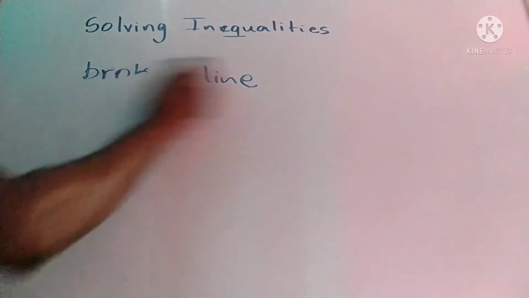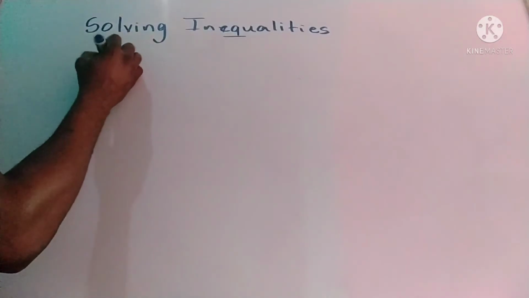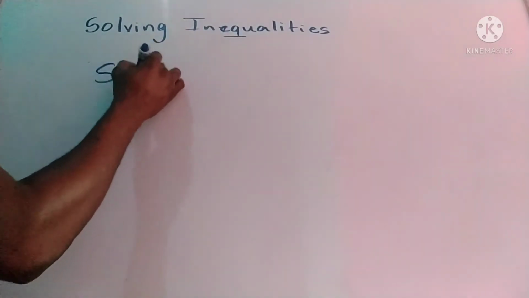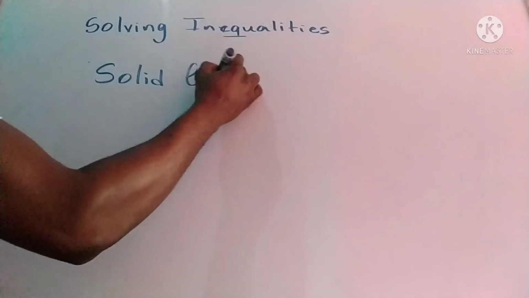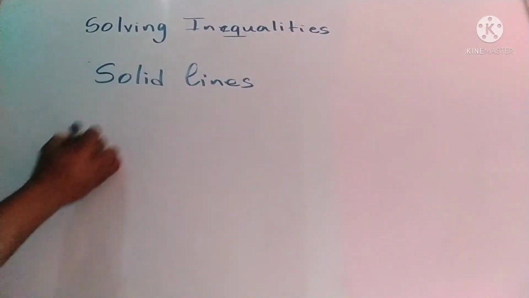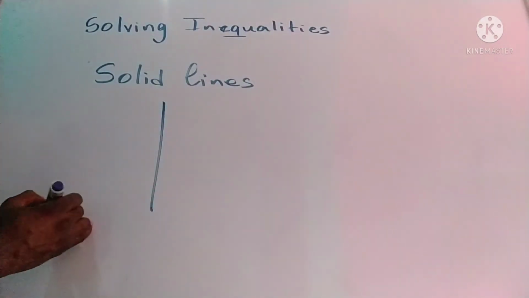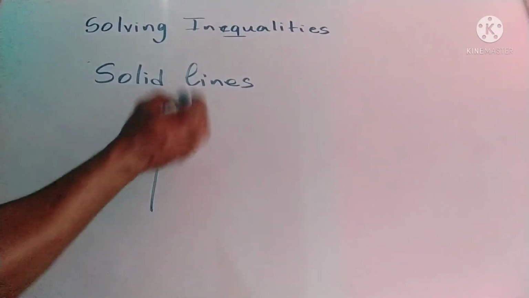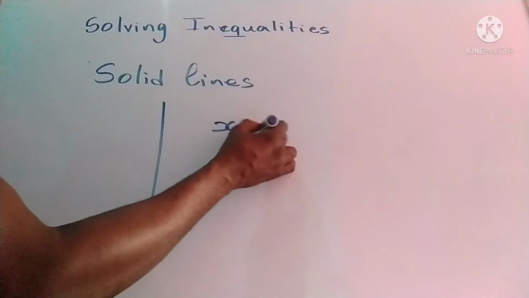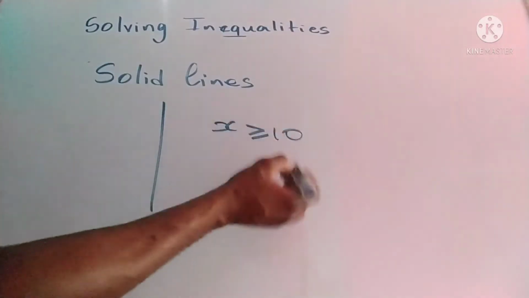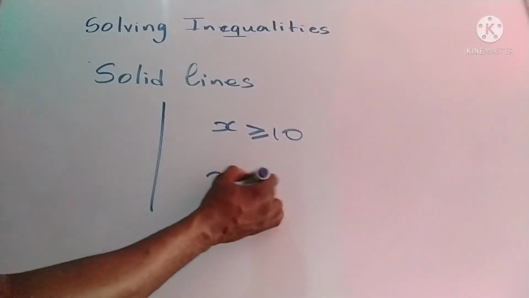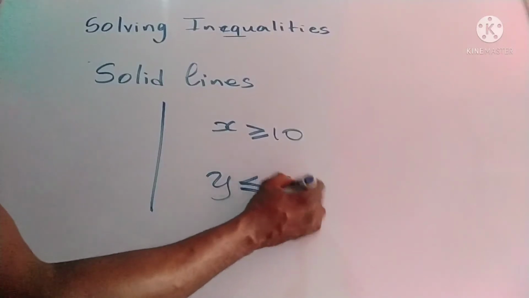When do we use solid lines? Well, there are cases where we use solid lines. So when the lines are solid, we have cases like x is greater than or equal to 10, or we could say y is less than or equal to 5.